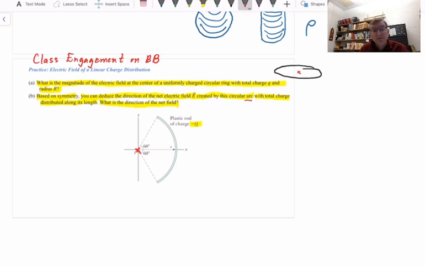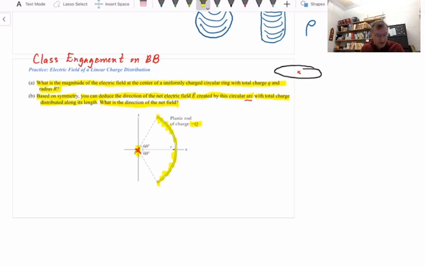Again, the x-axis goes through the middle, so you've got 60 degrees above and 60 degrees below. You've got total charge negative capital Q smeared out along this arc. What's the direction of the net electric field E at the point P?